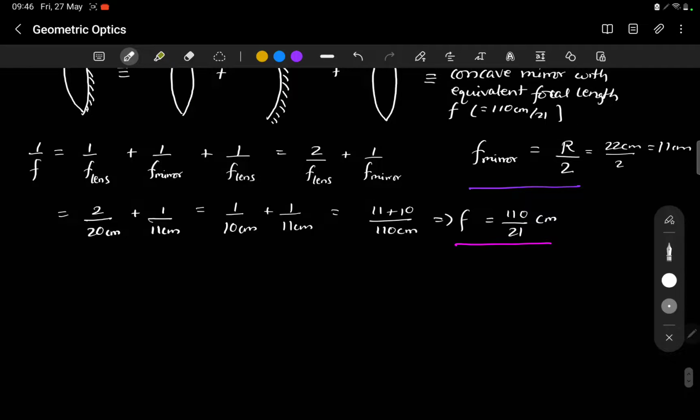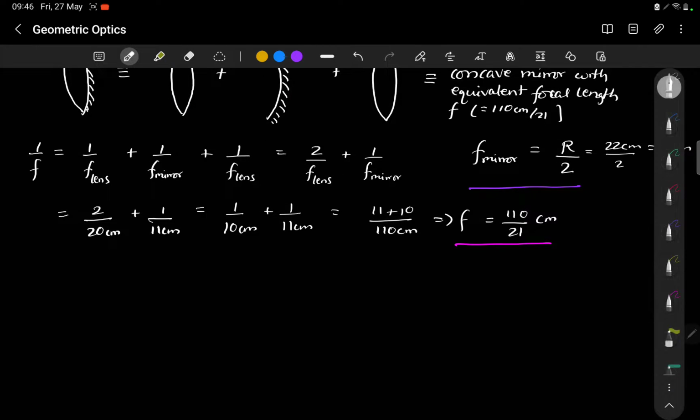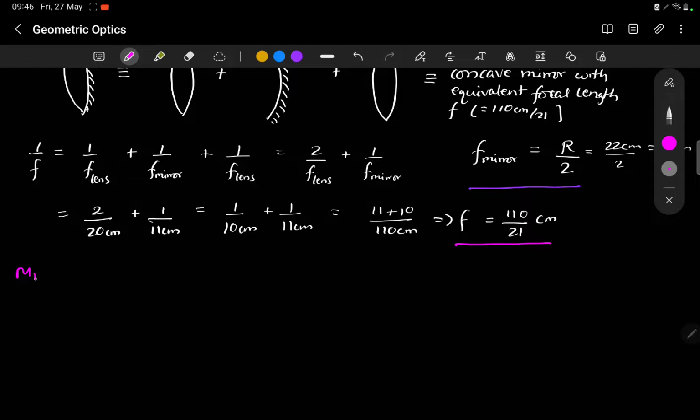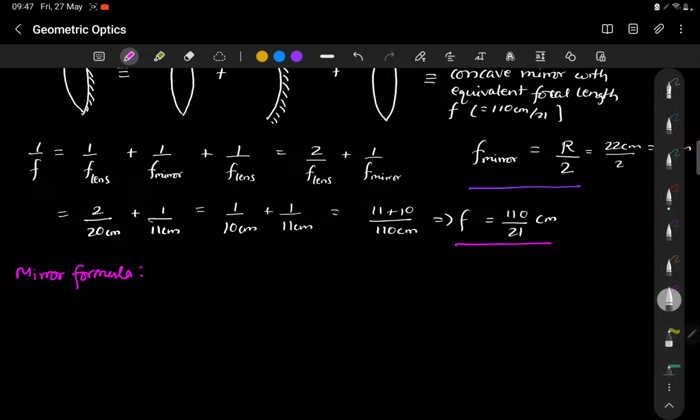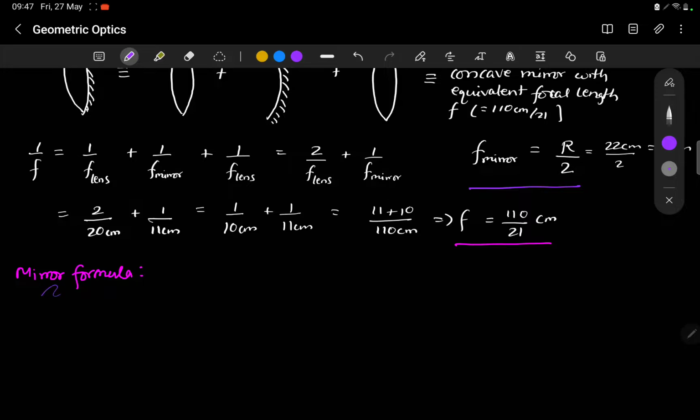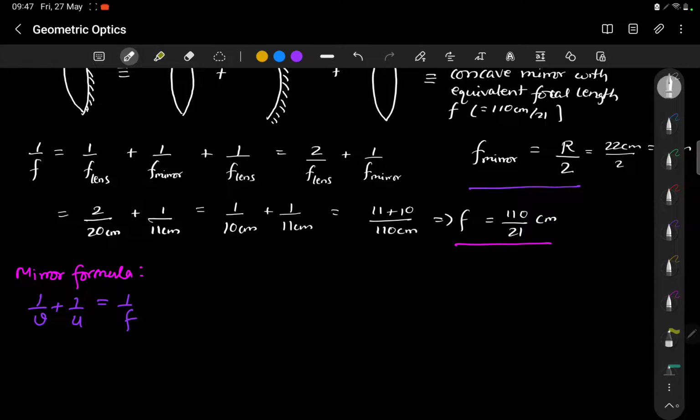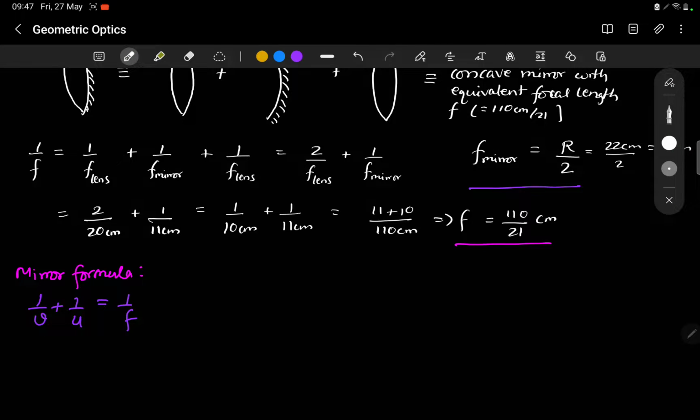So we can use the mirror formula. 1 by v plus 1 by u is equal to 1 over f, and then we can plug in the values for u and f that we have just found out.